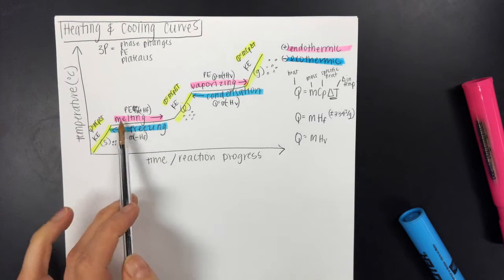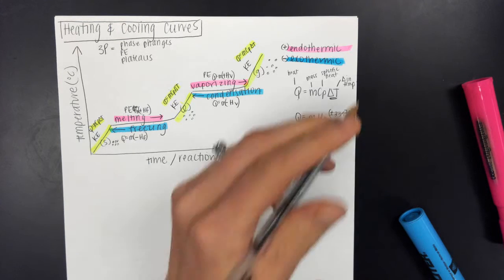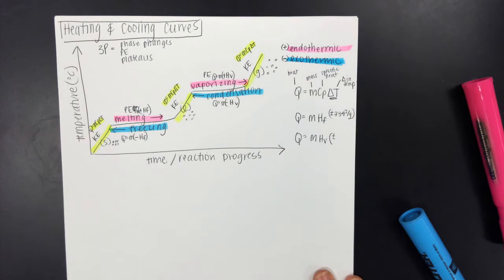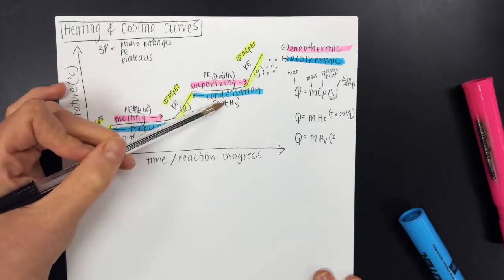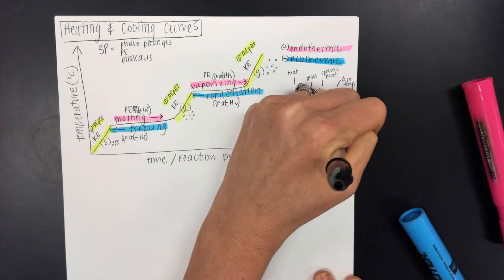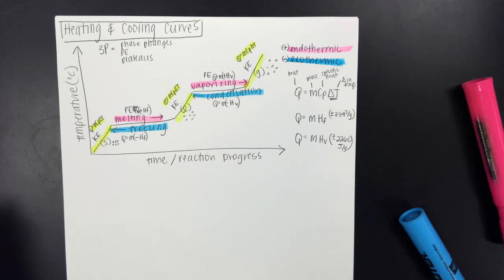If you are melting water, it's positive 334, freezing water, it's negative 334. And heat of vaporization is positive or negative, depending on if you're vaporizing or condensing, 2260. These are constants, and we will give you those.